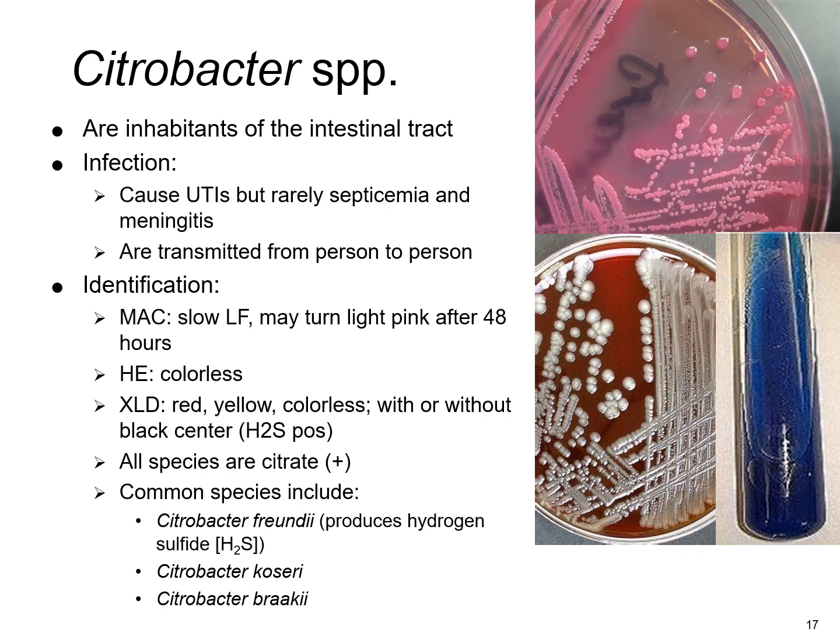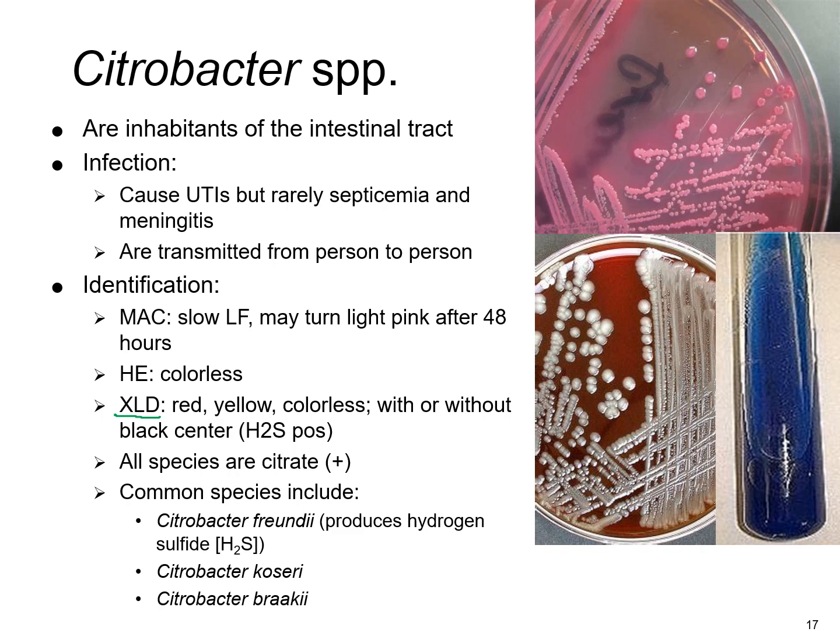Growth on HE agar would be colorless, XLD agar would be red, yellow, or colorless, and these organisms can produce H2S, so they could present with a black center on that XLD agar, but not all species do, so it would depend on the particular species of the Citrobacter.